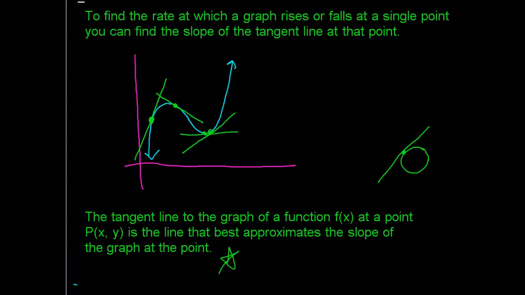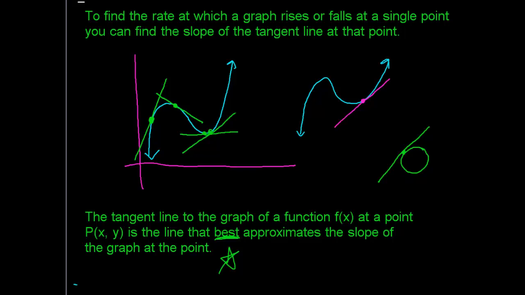Now, what do we mean by best? Because you might say, what do you mean the best? You mean there are others, or there are ones that aren't? Well, let me draw you another graph real quick to explain this. If I have this graph right here, similar to the one before, and I say, okay, here's this point right here. If I say, Johnny, come and draw the tangent line at that point, Johnny might draw that line right there. And I say, okay, Monica, you're up next.